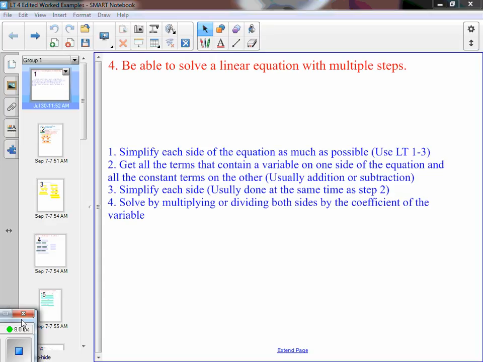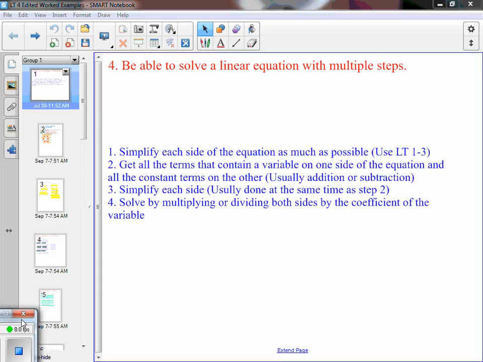Well, you will need to simplify. Most of the time we'll do the simplifying during the same step as we do the getting them where they're supposed to be, but we don't have to. And the last, then you get the variable by itself by multiplying or dividing both sides by the coefficient of the variable. So, as you know, once you're down to x equals or something equals x, that's when you're done.